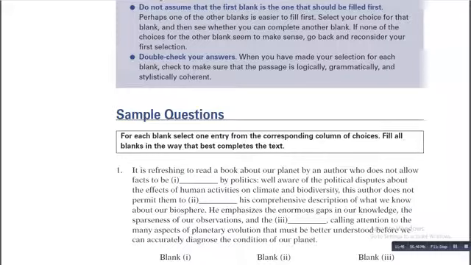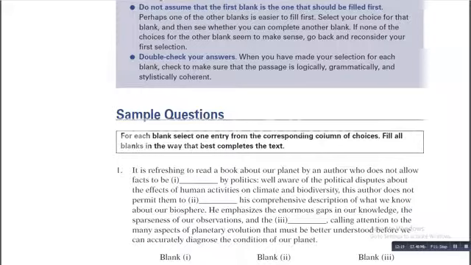Now, from here, I can infer that something like cover or secret will be a good word for here. Look at it. It refers to reading a book about our planet by an author who does not allow facts to be covered by politics, or something that will more like overshadow is the correct answer really.